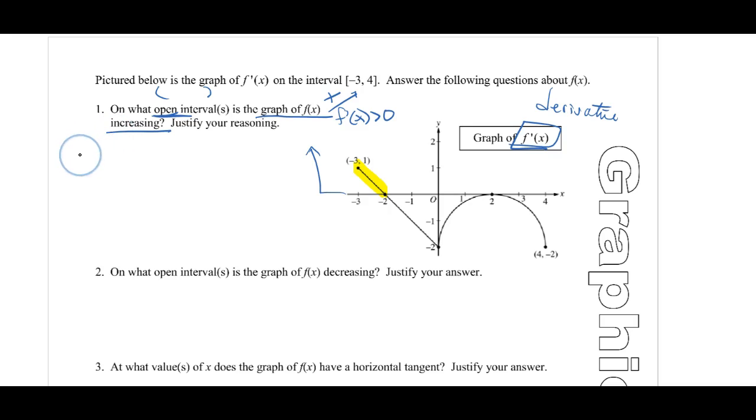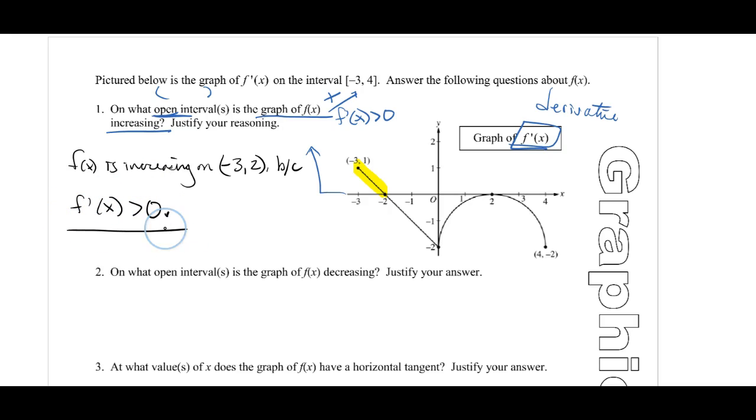So we would say that f of x is increasing on the interval from -3 to 2. Because the derivative is positive. That's my justification. The derivative is positive.